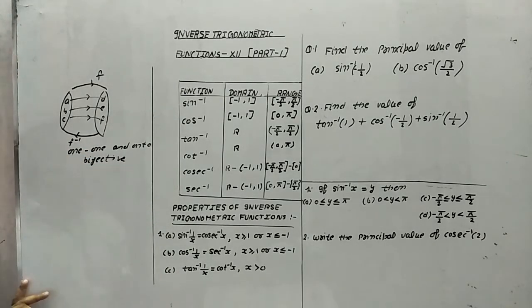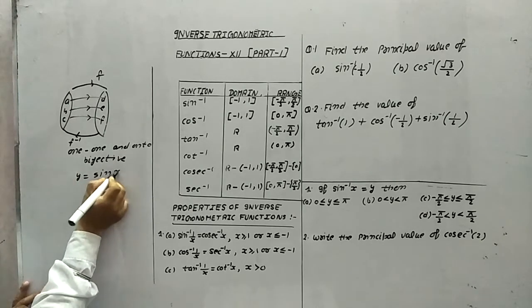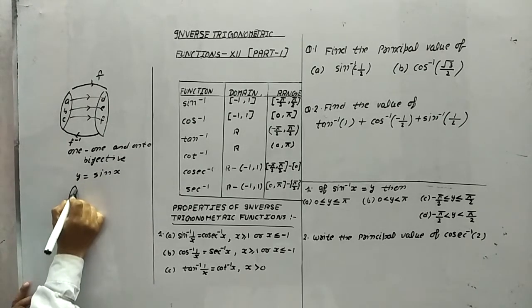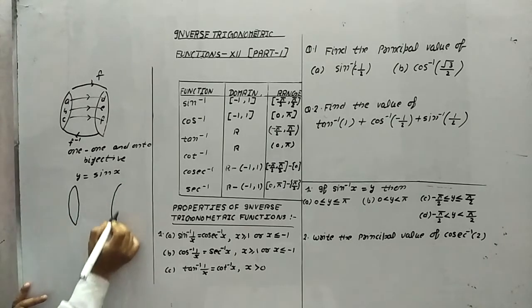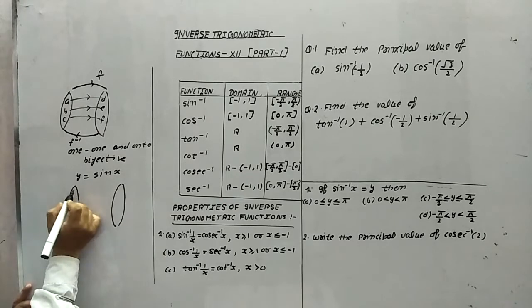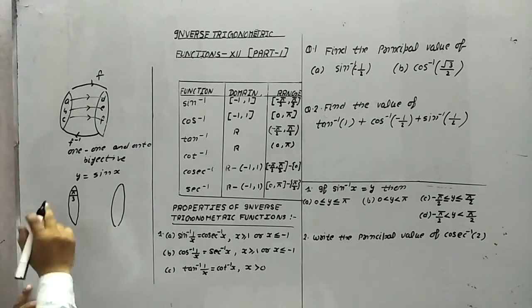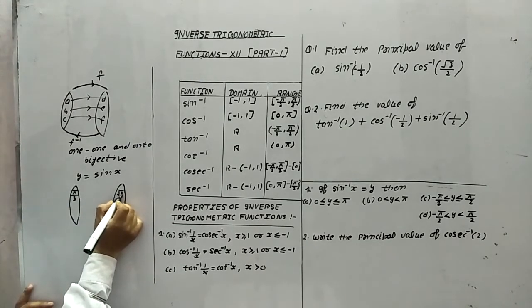Now in case of trigonometric functions, suppose I take y is equal to sin x. Now look at this thing, y is equal to sin x. If I put x is equal to pi by 3, it means 60. What is the value of this thing?